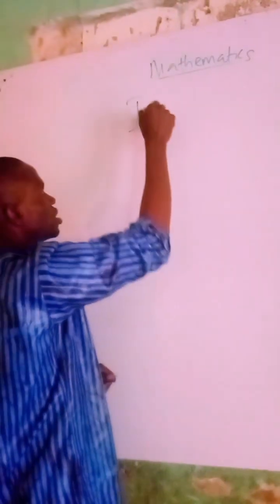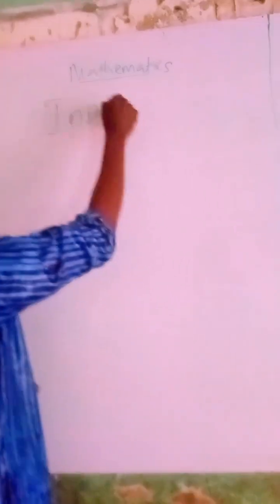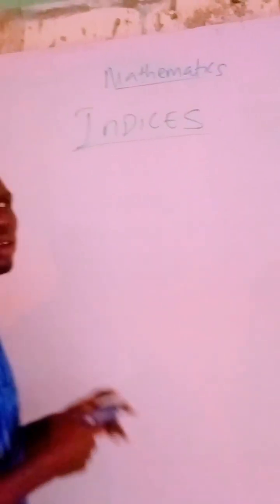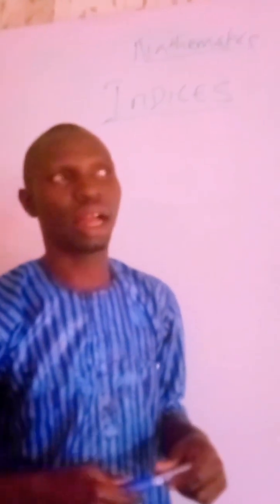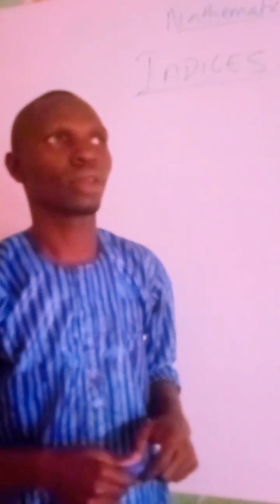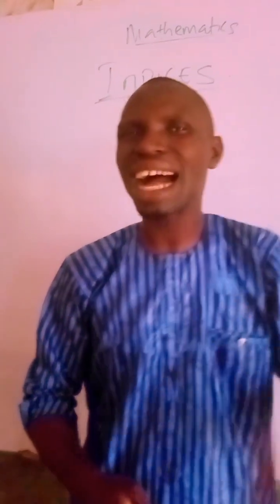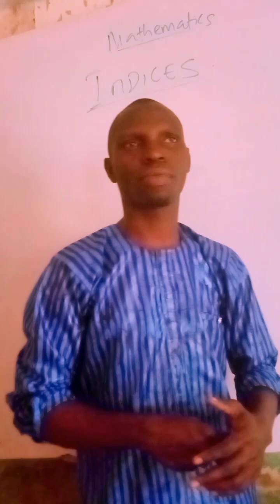Today we are going to take indices. First, we need to understand that there are various numbers, and when you want to multiply the same number multiple times, that is when indices come into play.